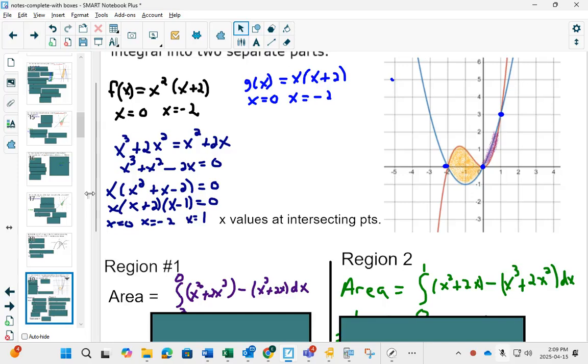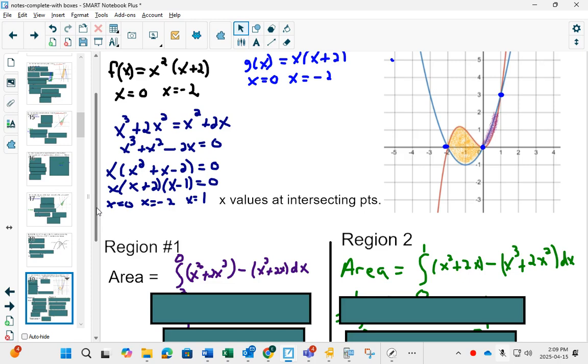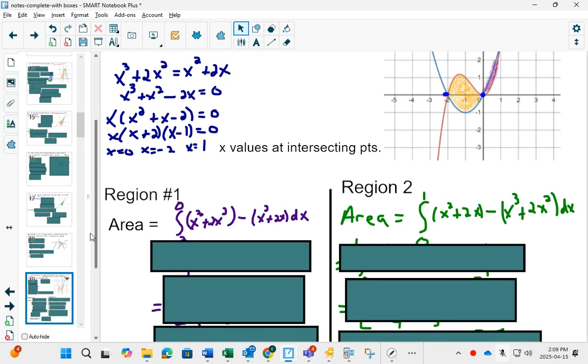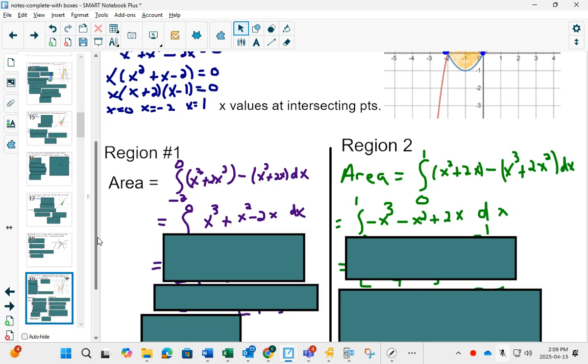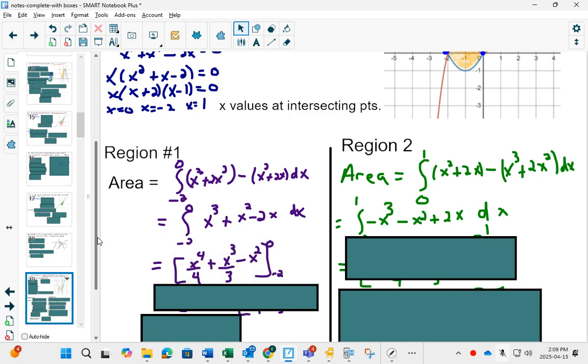And then, again, life's going to be easier if we can simplify. So in both of these, we simplify, and you'll notice that they're exactly the same equations, but one of them has positive values and the other one has negative values, and vice versa, and then we integrate.